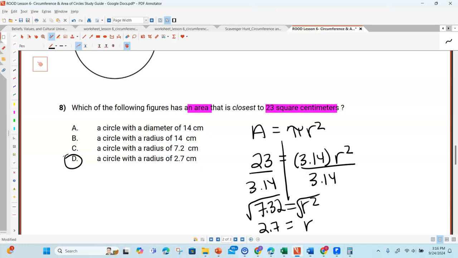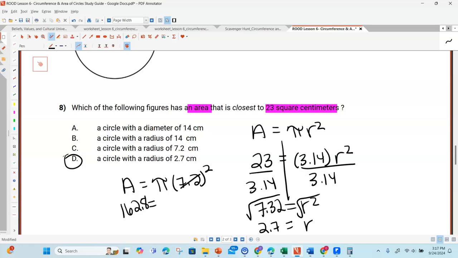Another way we could do this, as another strategy real quick, is that you take the values that make sense and plug it in. So 23 square is the area, so it wouldn't make sense for us to have a radius squared with 14. So let's just try pi times 7.2 squared. If you plug that in, that would equal 162.8.